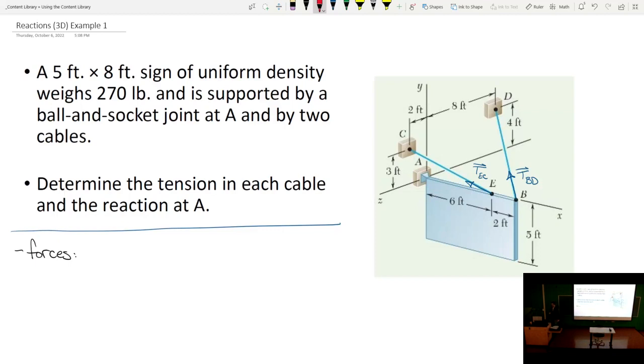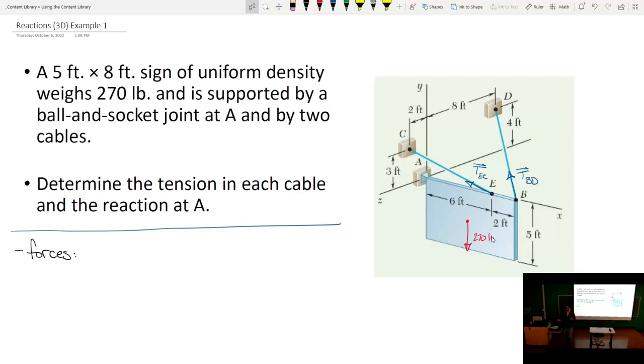I'm going to place it in the middle of that sign. So I have 270 pounds acting downwards, but I'm placing it in the middle. I'm using that term middle very loosely. A more descriptive statement would be that I am placing that 270-pound vector at the centroid of this rectangle.